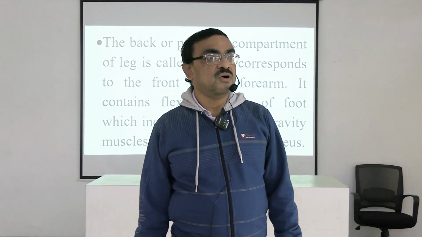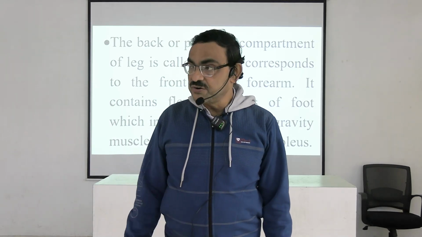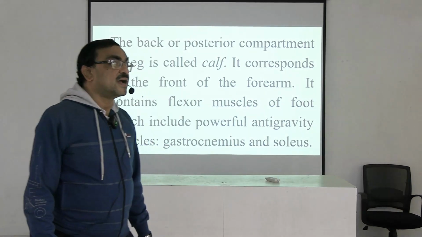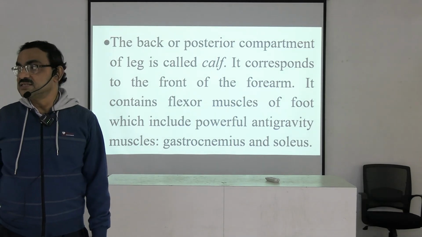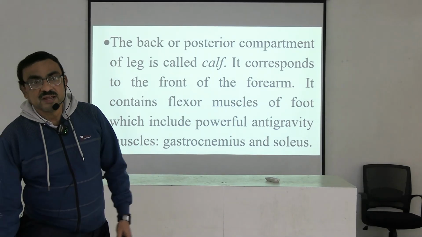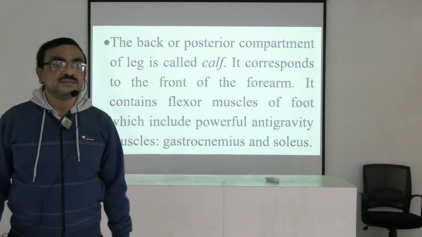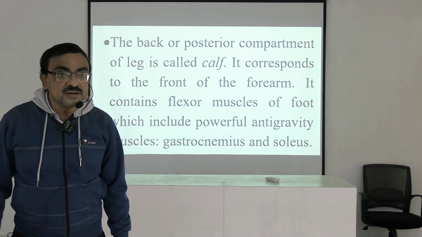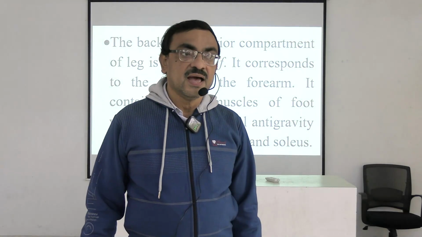Also we call it as a cuff muscle, which is being contributed by the gastrocnemius muscle and the soleus muscle as a whole, which we can feel, this cuff muscles, which is being contributed by gastrocnemius and soleus.